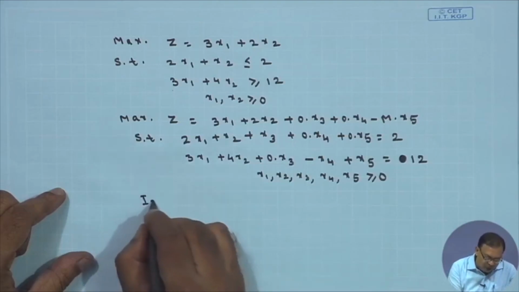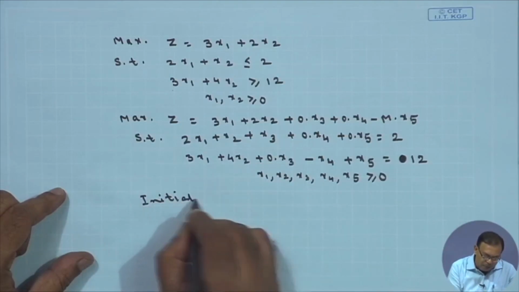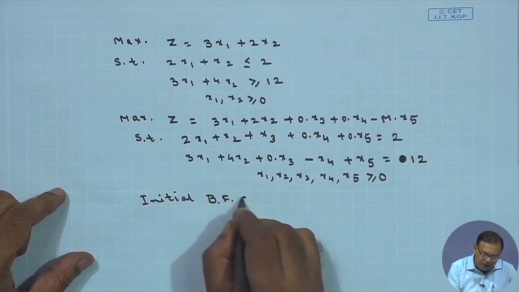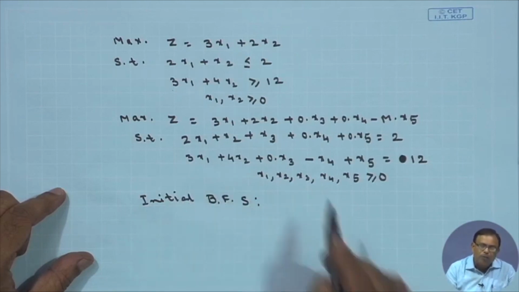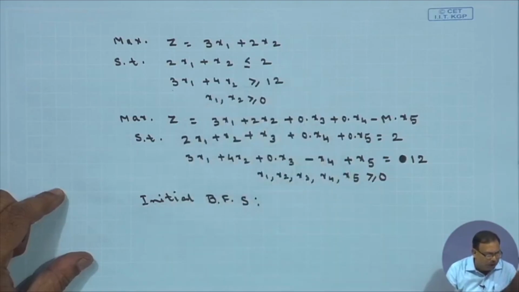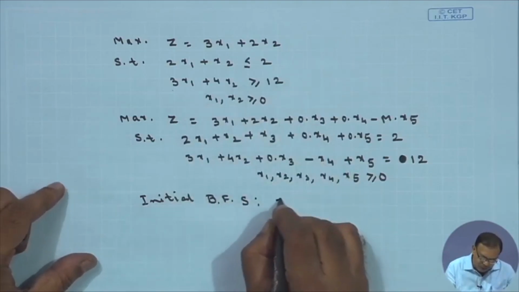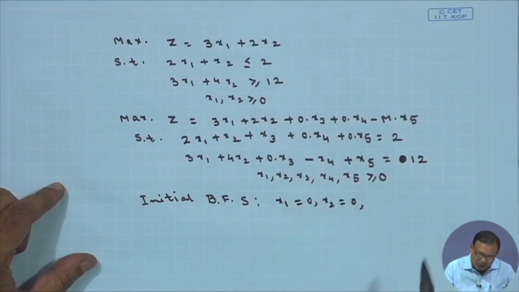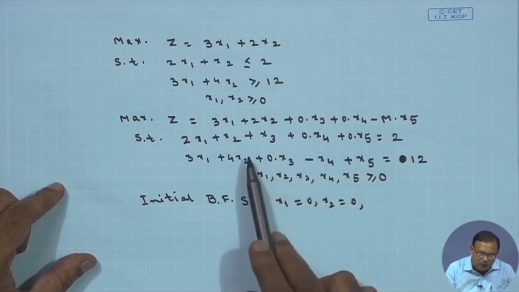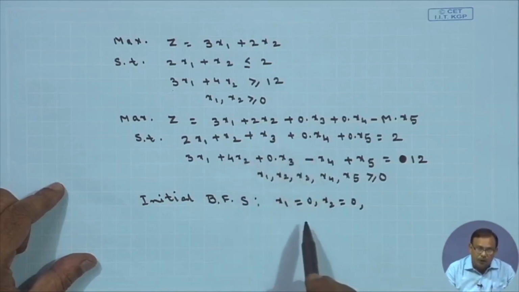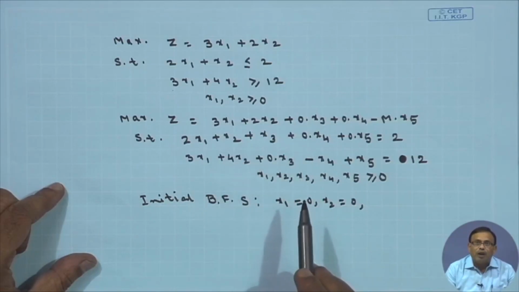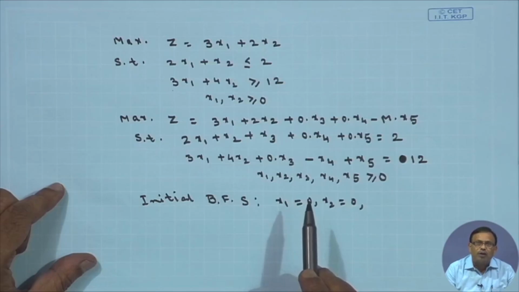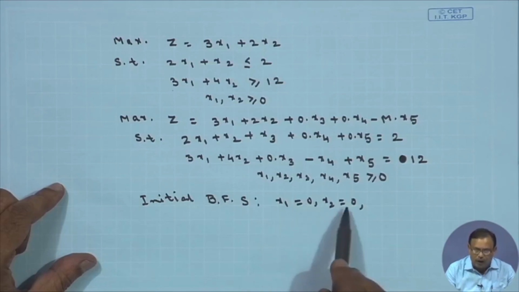First I have to tell what is the initial BFS, that is initial basic feasible solution: the original variables will be equal to 0, that is x1 equals 0 and x2 equals 0. We have used this because my decision variables are greater than equals 0. So, we are taking x1 0 and x2 0.